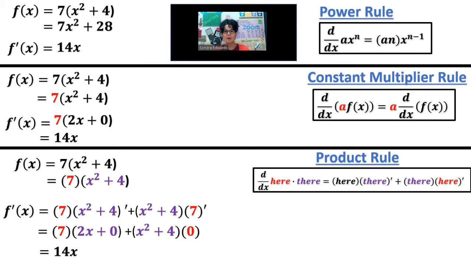So you're going to be practicing the product rule today using basically easy problems. And that way, when we get to the harder ones, you'll have this basic idea down.